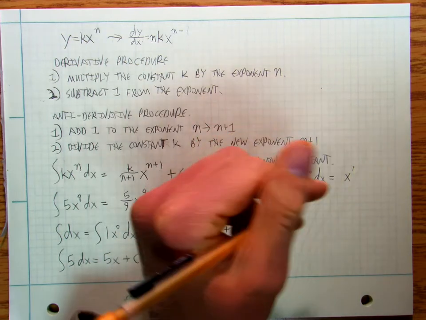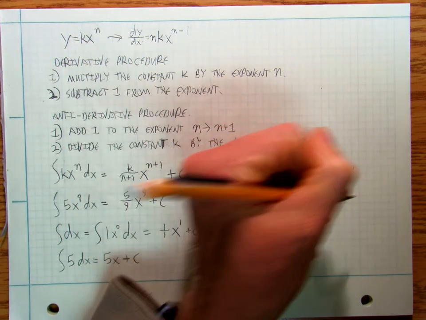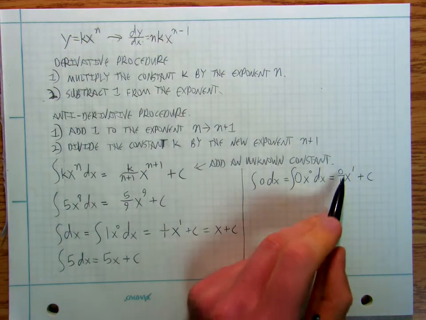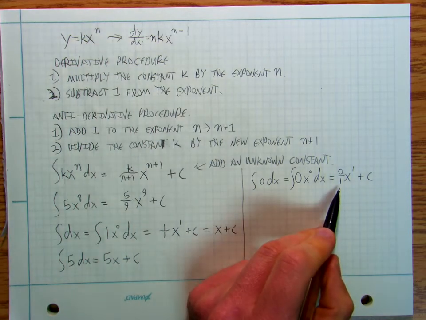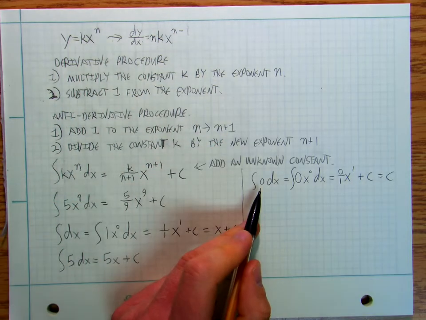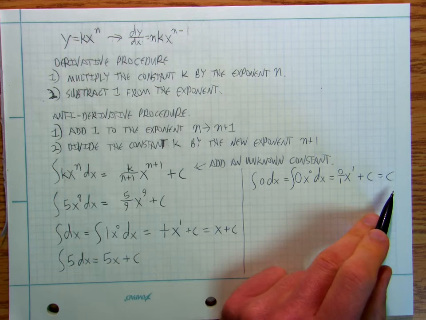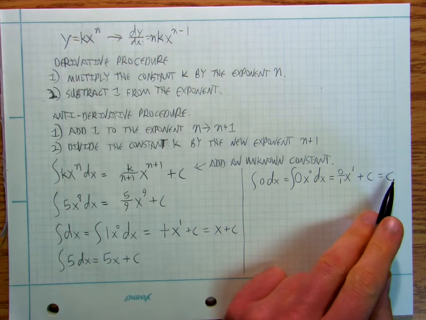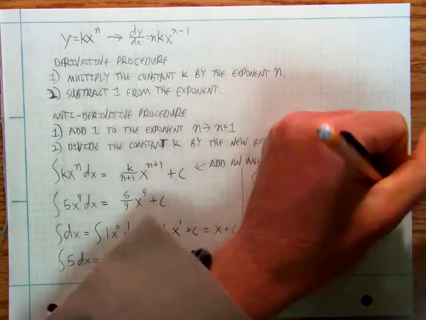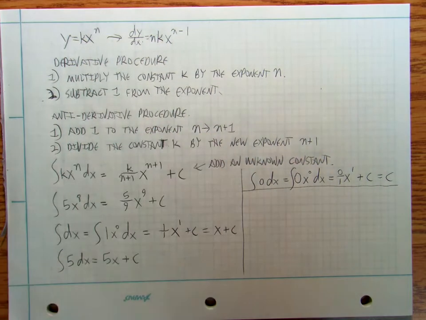And so I'm going to have x to the 1, 0 divided by 1, plus c. Well, 0 divided by 1 is 0, so I'm just going to get that the integral of 0 is c, an unknown constant. The derivative of some unknown constant is 0.